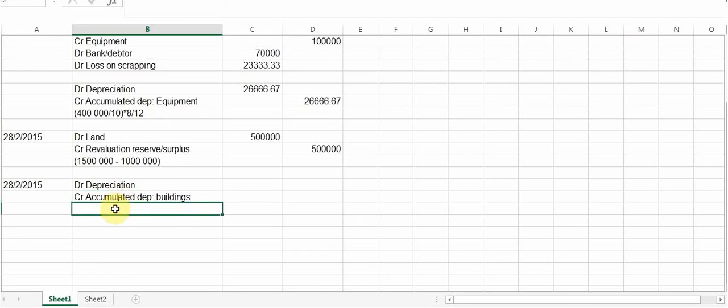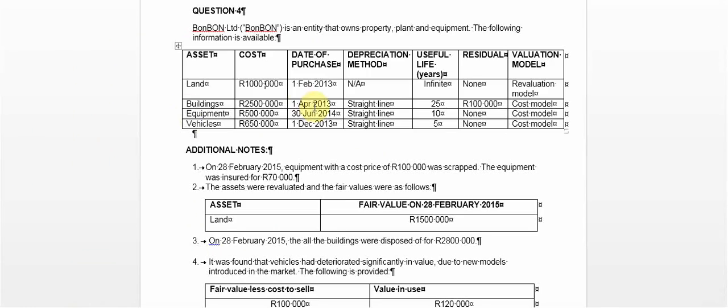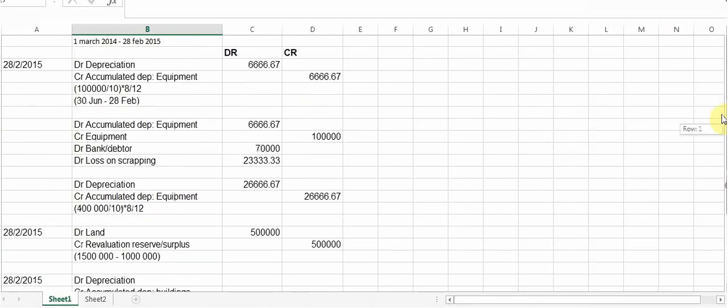And all of them will now be sold, and the total value there is 2.5 million minus the residual of 100,000. The useful life is 25 years. And now I need to go and look for the number of months. So when did I buy this asset? 1 April 2013. This does not fall within our current financial year, 1 March to 28 February 2015.